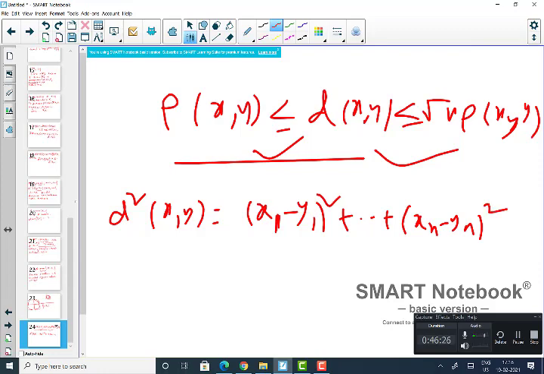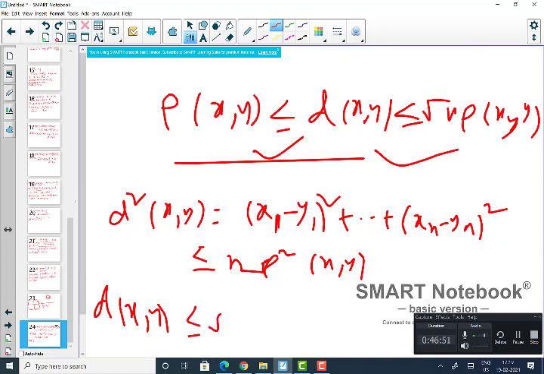Among these n many terms, one term will be the maximum, and if you replace every term by the maximum term, then this is less than or equal to n times that maximum term. The maximum term is nothing but rho square of x, y. Hence the distance between x and y is less than or equal to root n times rho of x, y, the square metric distance between x and y.